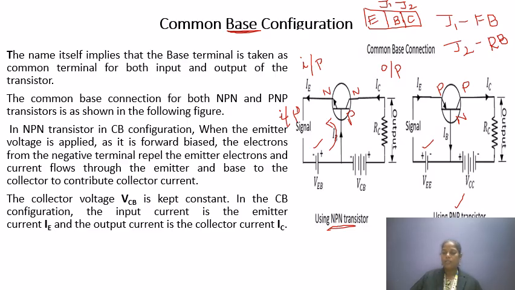In the case of VEB, the base is at positive potential in the NPN, so the current is transferred in that direction. But here in the case of PNP, the emitter is at positive potential, so the current will transfer in this direction. So IE is transferred towards IB plus IC. Okay.